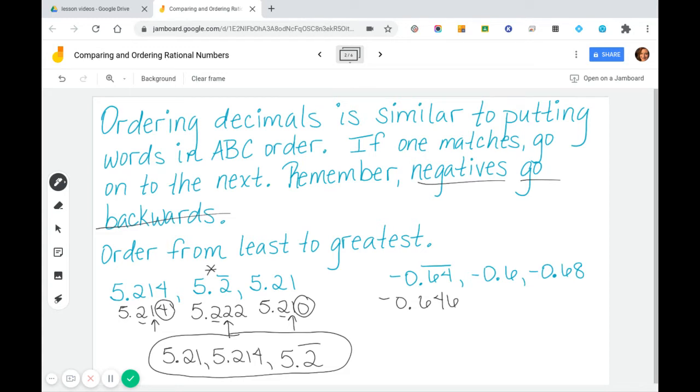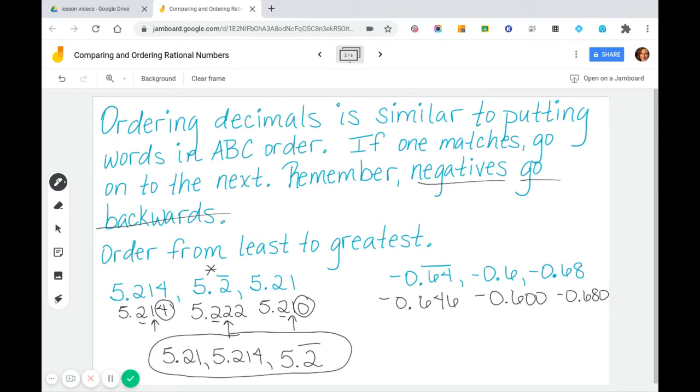But I just want you to get in the habit of knowing how to extend if you need to. The negative 0.6, now that's a terminating decimal, it stops. So to make it bigger, I can add zeros. And negative 0.68, again, if I need to make it bigger, I can add zeros because that's a terminating decimal.